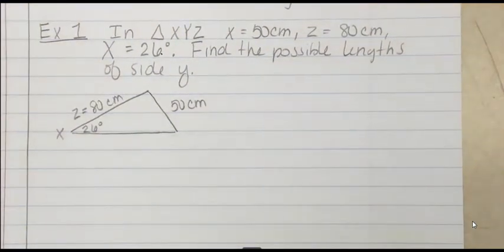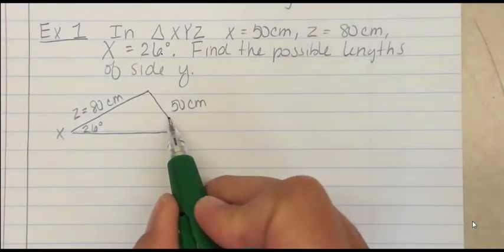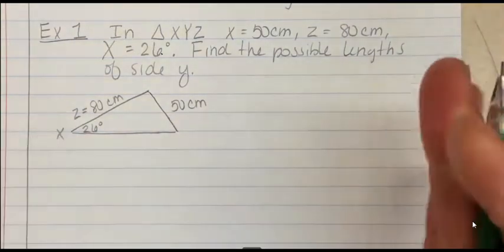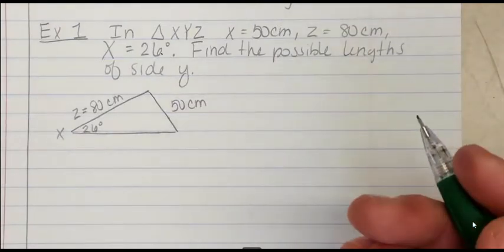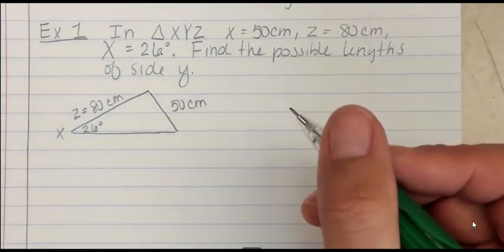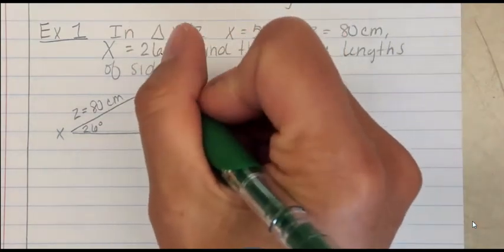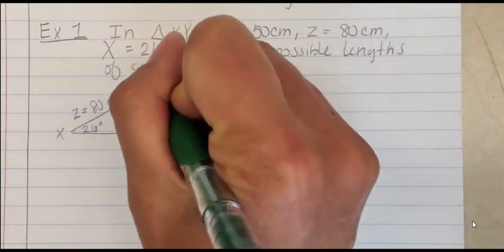Now the first thing I do is I ask myself, is this side even long enough? So I know that the shortest possible distance from a point to a line is the perpendicular line, or the perpendicular distance. So if I draw out this triangle, and what I should do is label my angles.